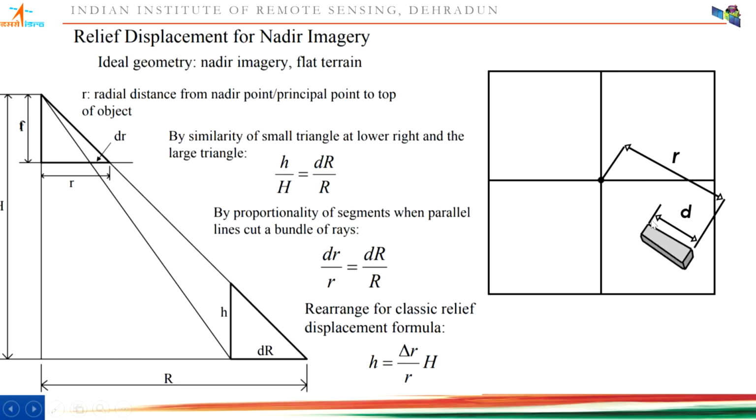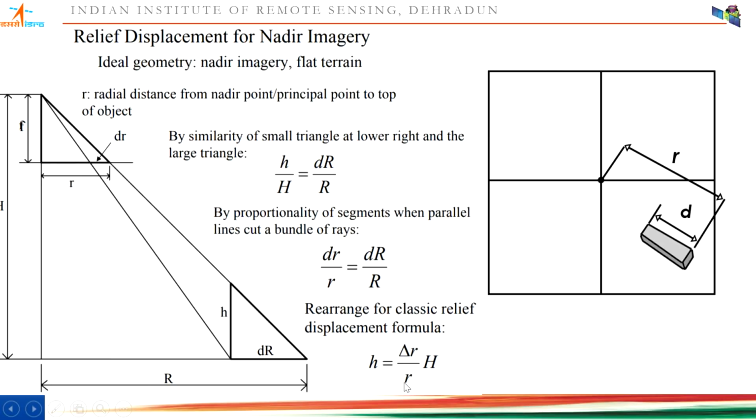From the bottom it is taken as r dash, let us say, and capital R minus r dash gives us delta r. So the height of the building would be delta r, or in this image shown as small d, the relief displacement, divided by small r, the radial distance of the top from the nadir, multiplied by the flying height of the aerial photograph.